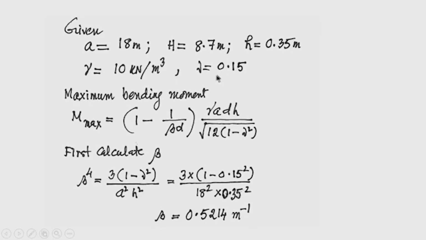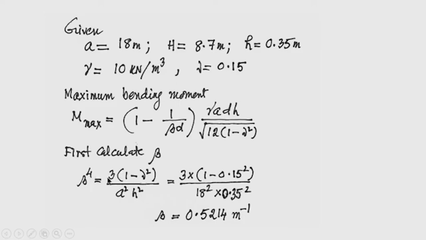With this given data, I use the expression for maximum bending moment, M max equal to (1 minus 1 by beta d) into gamma a d h divided by root over 12 (1 minus mu square). After substituting the numerical values, first let us calculate beta.